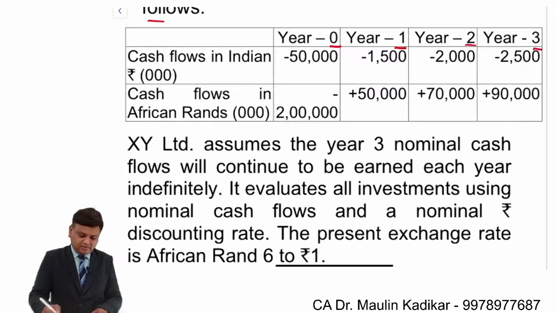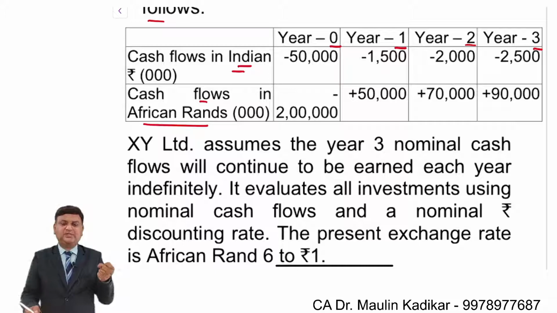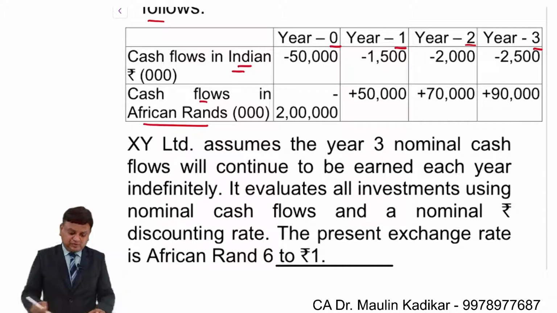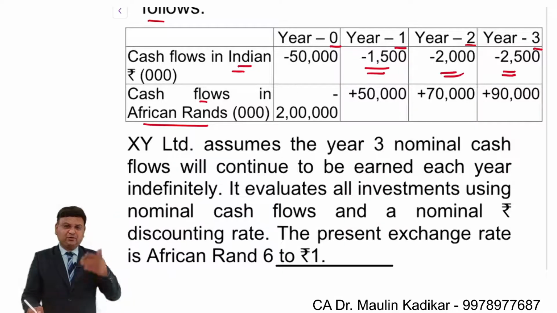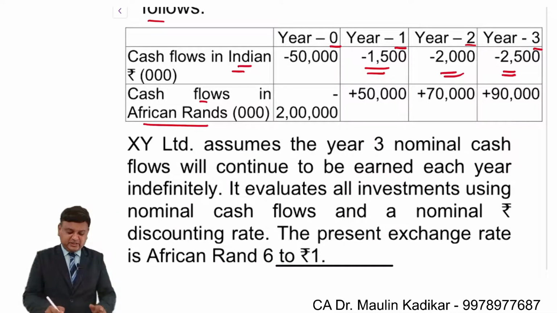First year to third year, cash flows in the Indian currency term is given, as well as in South African currency. Because maybe certain operations are handled from India, so we have the cash outflow in India, and of course the business that we are going to do over there will have the inflow.